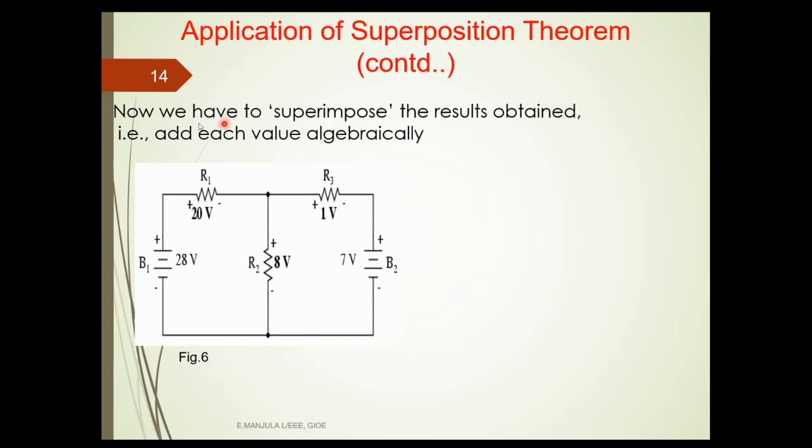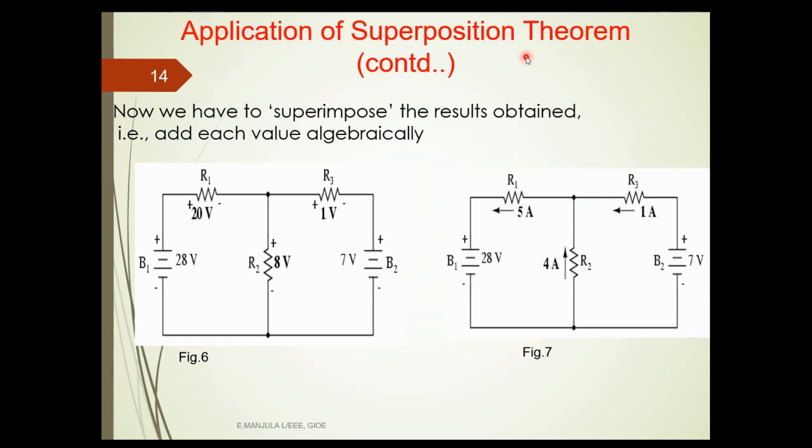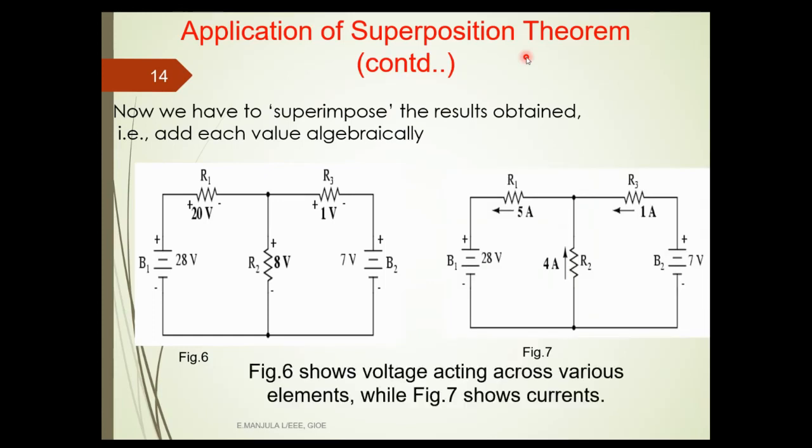So here now we have to superimpose the results obtained, that is, add each value algebraically. So now we have the values by only considering battery B1, and also the values by only considering B2 alone. Now we have to superimpose both.